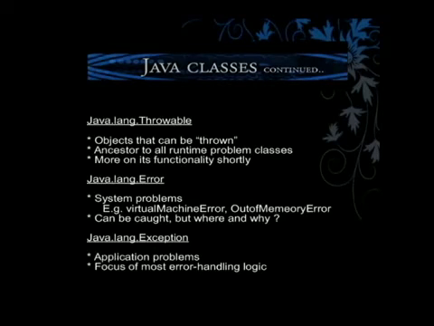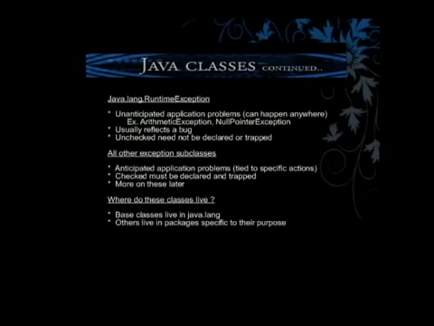java.lang.Exception represents application problems. The vast majority of your problem handling code will address exceptions. This is why you will often see this technique called exception handling. java.lang.RuntimeException represents unanticipated exceptions.